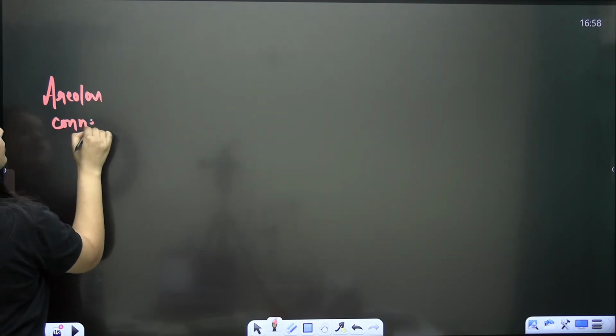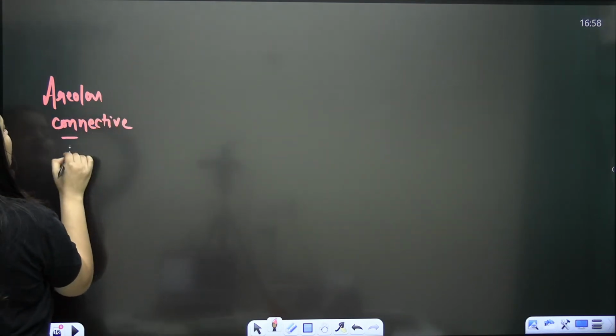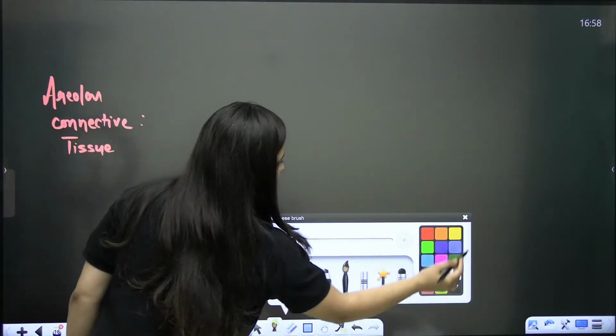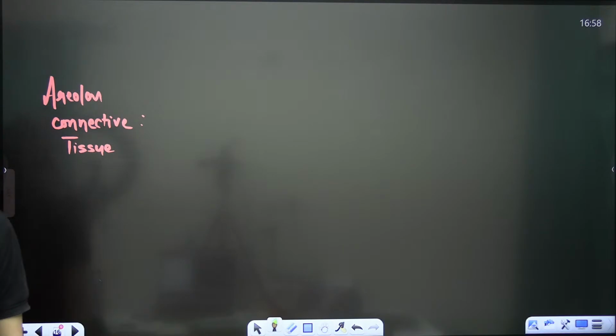This is what you need to remember: areolar connective tissue is mainly for the framework, present under the skin. It has air spaces, that is, intercellular spaces.